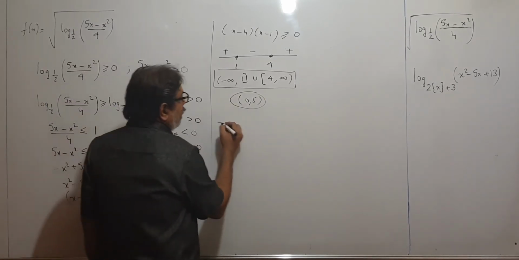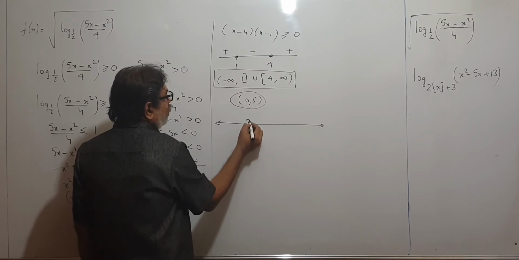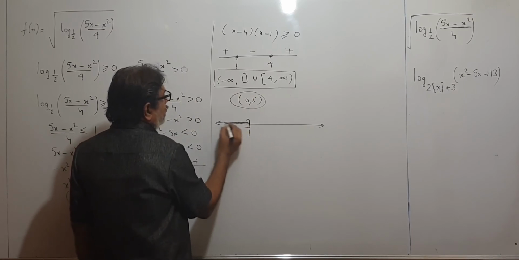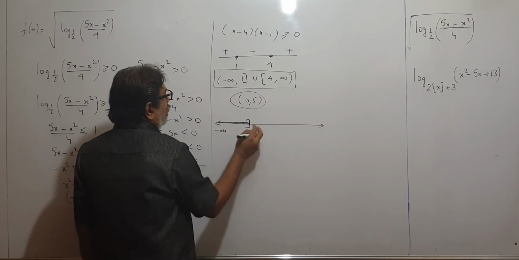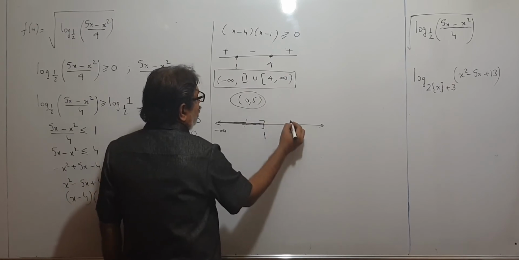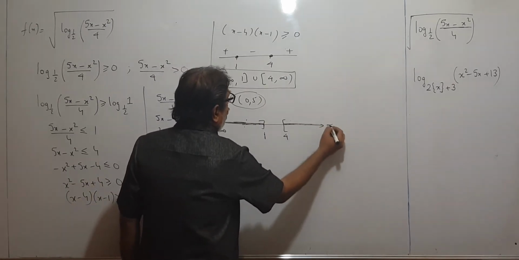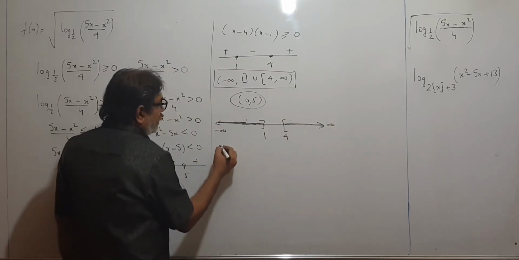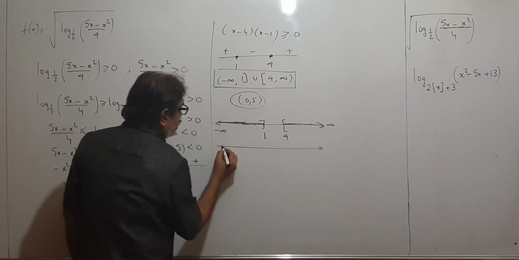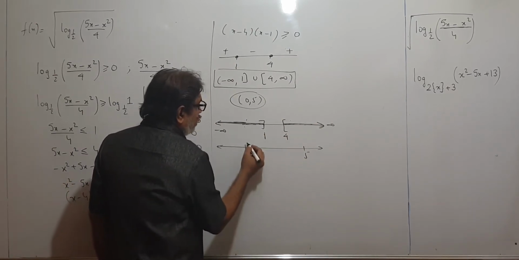Let us plot them. The first one comes over here, from 1 to infinity. Let me write 1 over here. Then 4 to infinity. And 0 to 5. 0 will come on this side and 5 will come somewhere over here. 0 to 5.